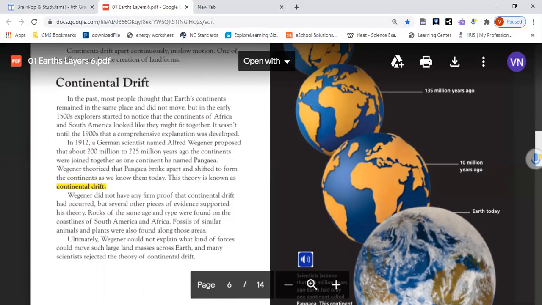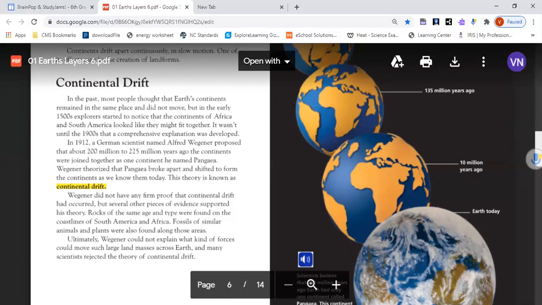This theory is called continental drift. If somebody asks what continental drift is, it is nothing but the drifting of the continents from their position to a different position.